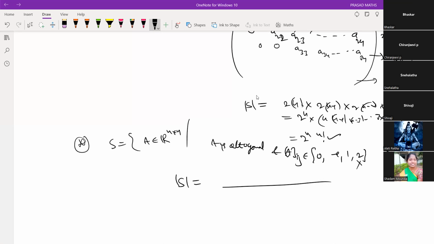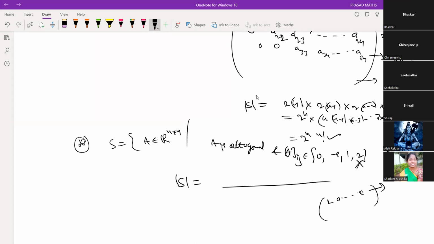Because what is my property? The sum of the squares of the elements of each row or column should be 1. The sum of the products of elements of any row with the corresponding elements of any other row is 0. Therefore 2 entries are not needed. If you fix 2 somewhere, it fails to satisfy the first property, that the sum of the squares of the elements of any row or column should be 1.